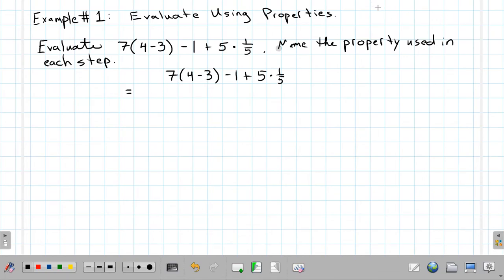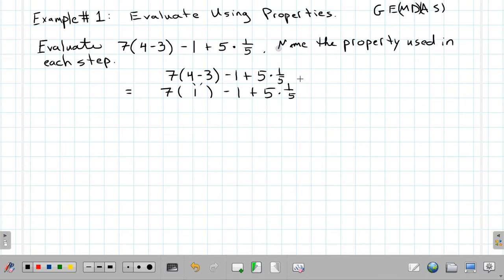So if you need to, write GEMDAS at the top of your paper, so you know what order we need to do things. Now we've got to do the 4 minus 3. We're going to replace the 4 minus 3 with 1, and everything else is going to stay the same.